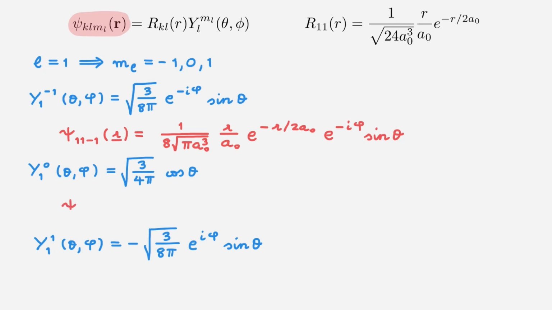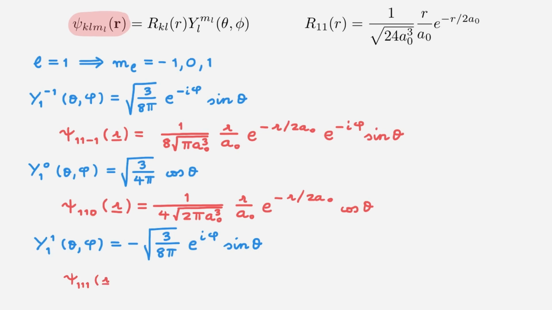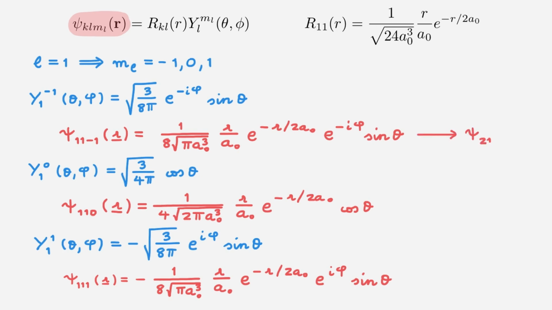The second one is psi110 and is given by this combined prefactor, the R-dependent terms, and the angular term. And the third is psi111, given by this other combined prefactor, the R-dependent terms, and the angular terms. Using the NLM notation, these 3 eigenfunctions are labelled as psi21 minus 1, psi210, and psi211.